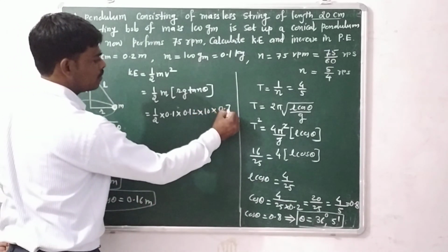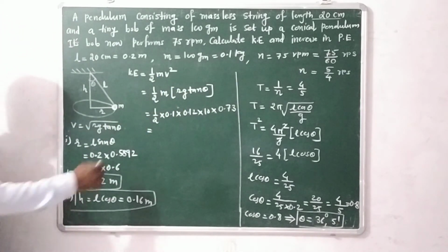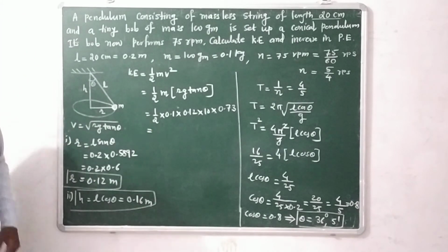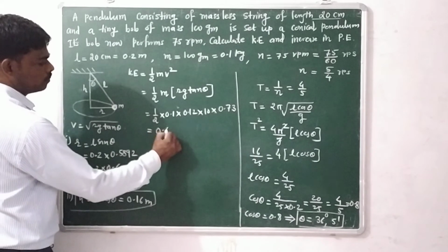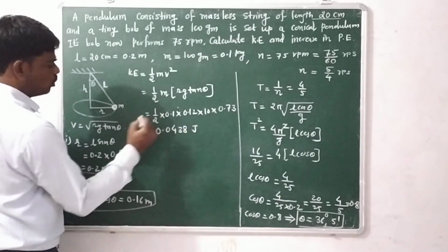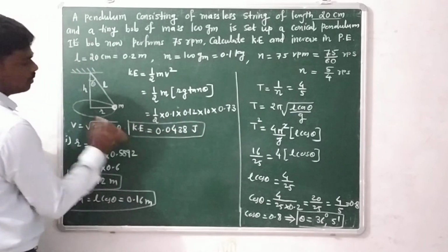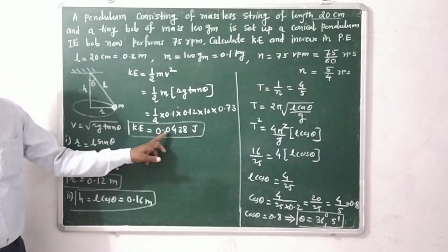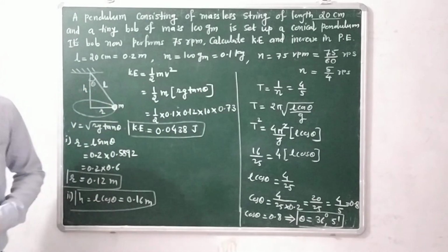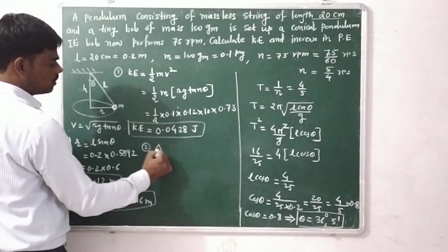On solving this, we get the kinetic energy of this metal ball. It is near about 0.0438 joule. In the textbook there is a printing mistake, and we have to correct it. The correct answer of kinetic energy is 0.0438 joule.